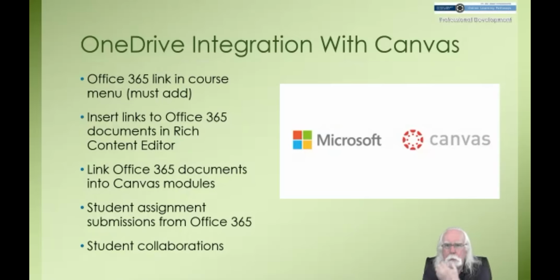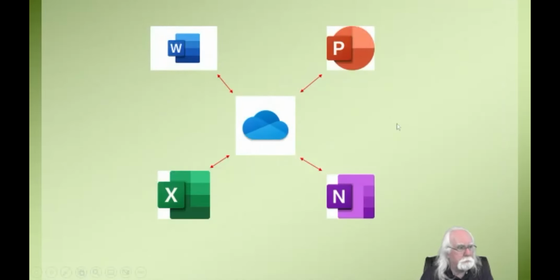It takes a little getting used to, to take advantage of all the different things you can do with OneDrive, but it's worth the time because it is the core of this Office 365 resource, the Office 365 account that we all have. And without OneDrive, none of this really works very well.